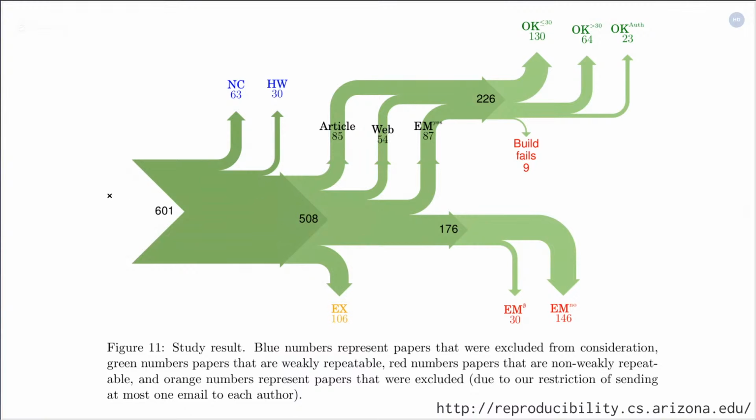So we have the input to the left, the number of papers, and to the right we have the number of papers for which they actually managed to get the code and build it. And as you can see, that's a small fraction of those papers for which the authors actually managed to get the code and to build it.